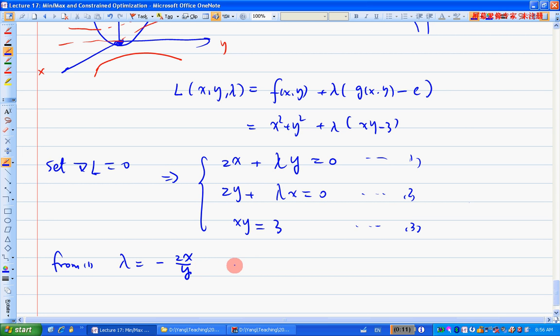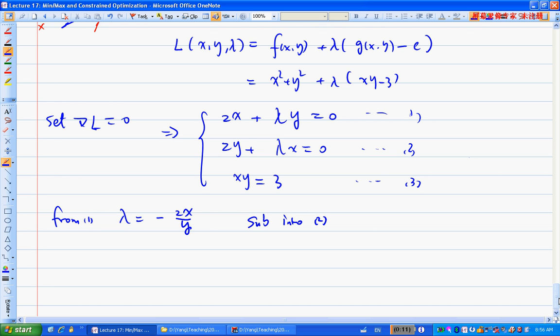Then substitute this into 2. So what do we end up with? 2y minus 2x squared over y equal to 0.